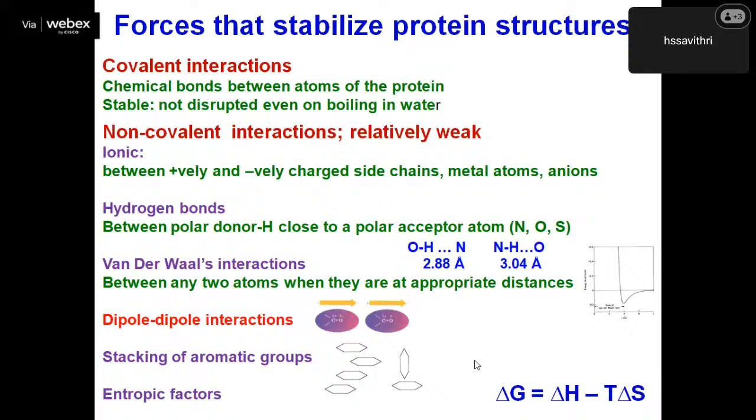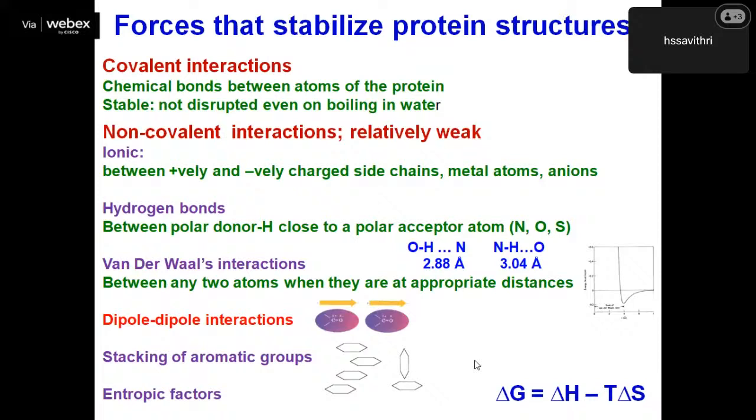There are pairs of positive and negative charges in the beads that we saw in the chain, and they tend to make those two beads come close together. You see, hydrogen bonds in the chain, one bead can hydrogen bond with another bead far away, and that tends to make those two beads come together. Similarly, we have van der Waals interaction.